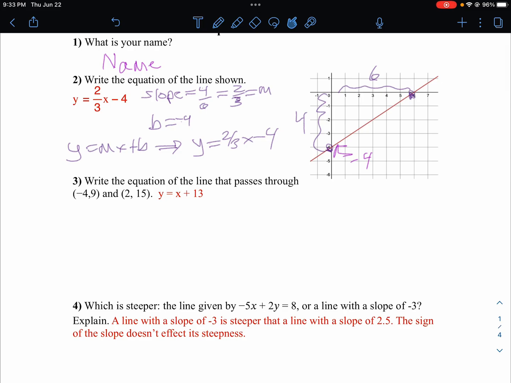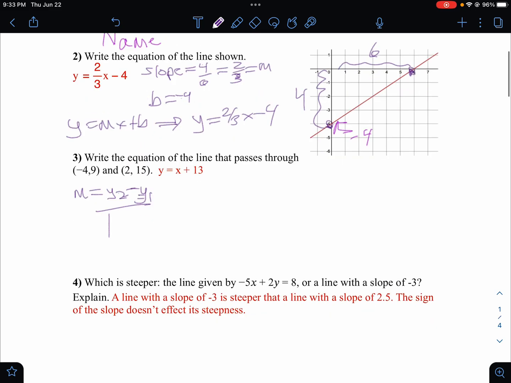Now on the next one, I want to write the equation of my line that passes through my points. I can do this in a couple different ways, but no matter how I do it, I want to find my slope. So we're going to subtract our y's and subtract our x's. Remember, xy, xy.